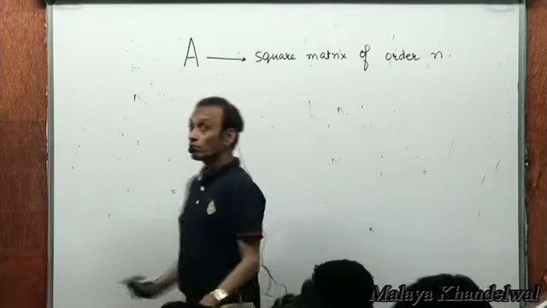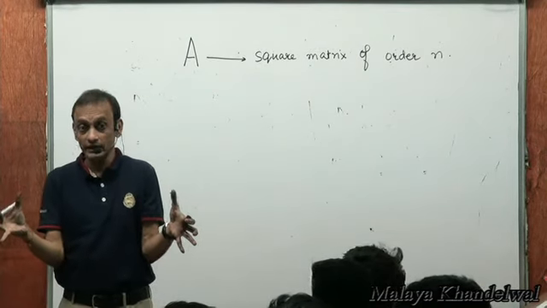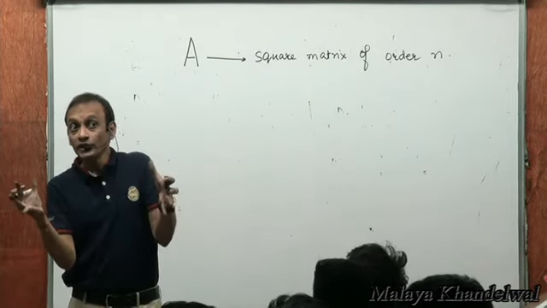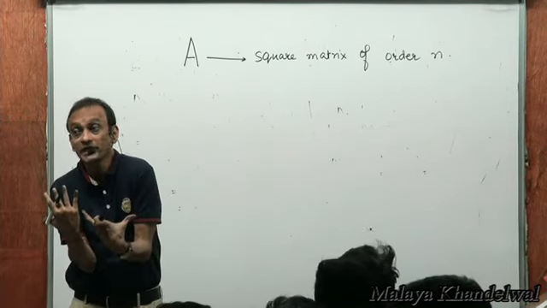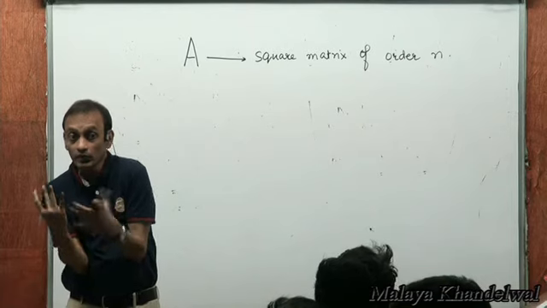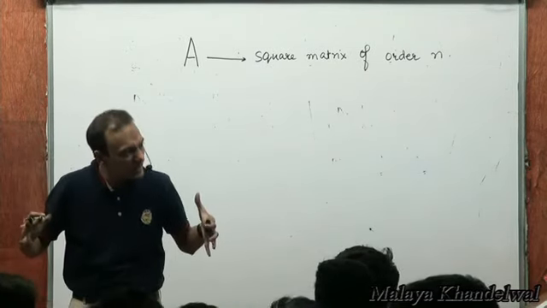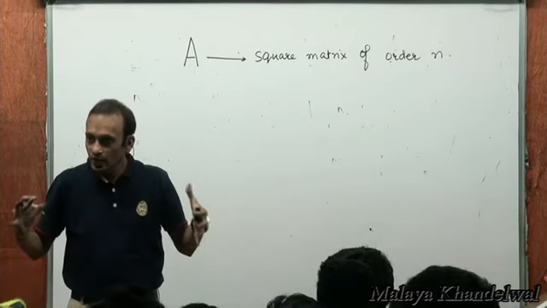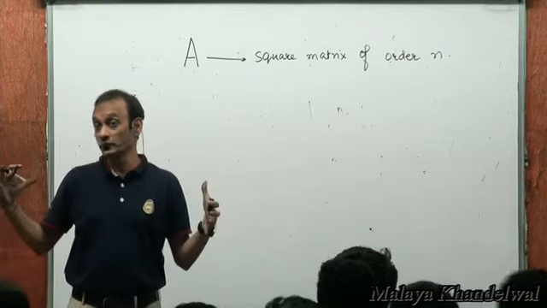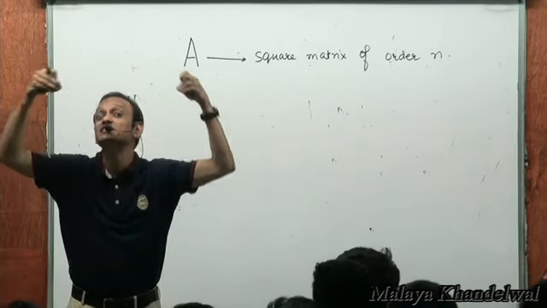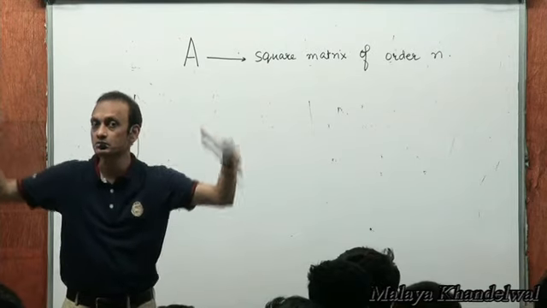For a collection of elements in a square grid, we've defined an operation whose output is a number, that's determinant A, right? We've defined an operation which is determinant of A, that's a scalar. Determinant of A is K, a scalar, that's a number, right?